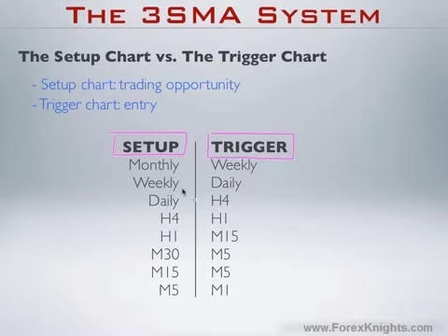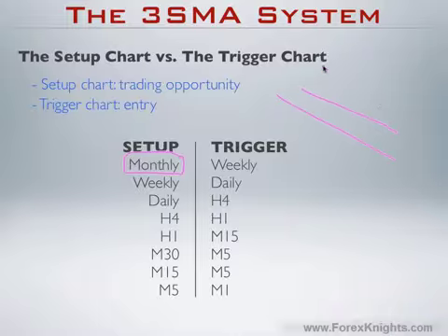Basically, if you spot the trend on the monthly time frame, you want to zoom in just one time frame, let's say the weekly time frame. So if the 3 simple moving averages are in order, parallel to each other, etc., on the monthly time frame, let's imagine this is the 30, this is the 50, and this is the 100, and price is swinging to the downside.